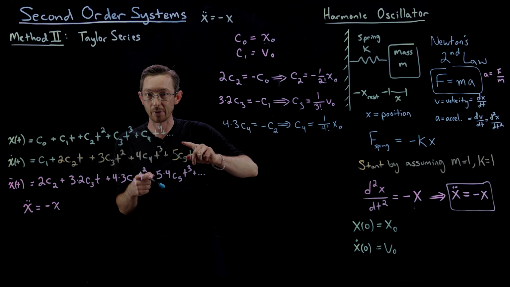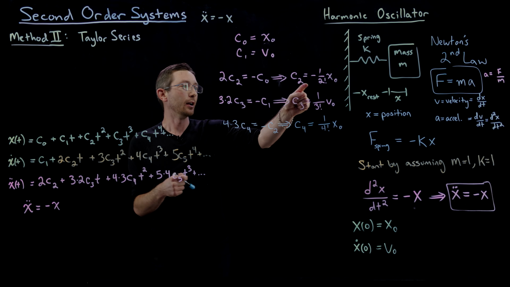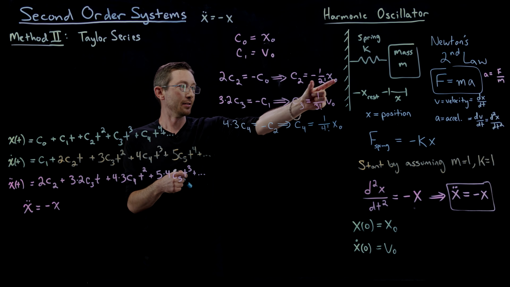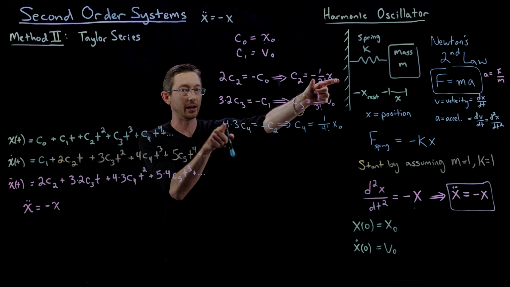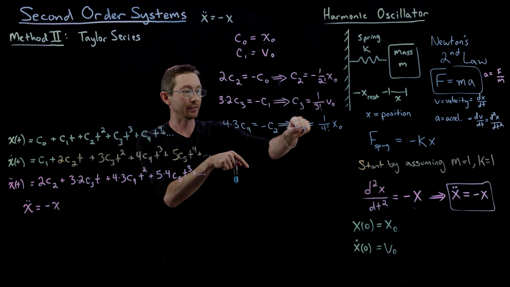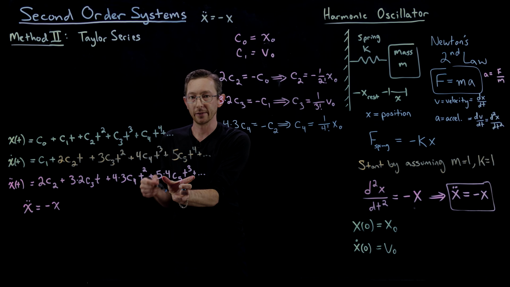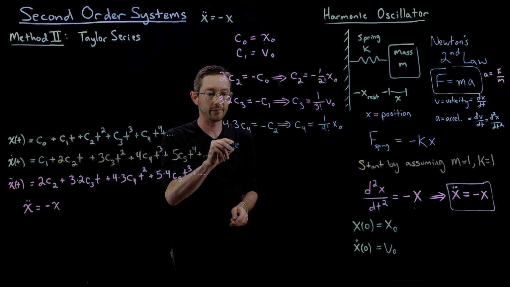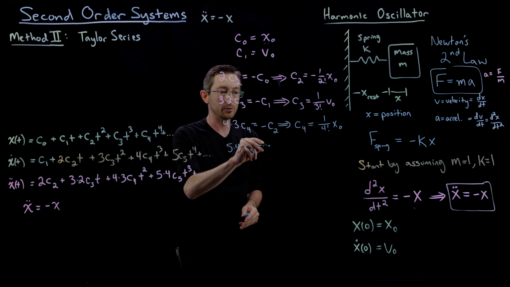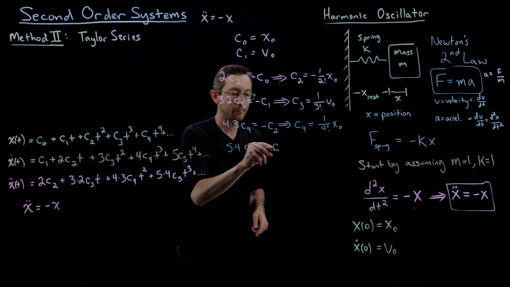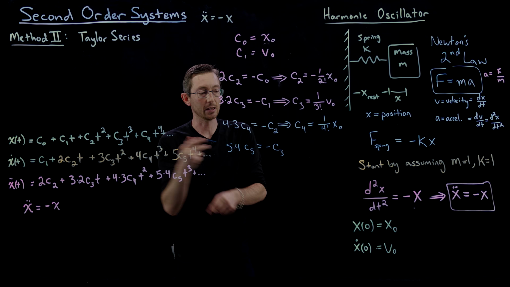Okay, if that was a little fast, just pause and convince yourself that that's true. I literally take this expression for C2, I minus it, and I divide by 3, and I divide by 4, and that gives me C4 equals 1 over 4 factorial x0. Similarly, for the C5 term here, I have 5 times 4 C5 equals minus C3. Again, that's the t cubed terms have to be equal.